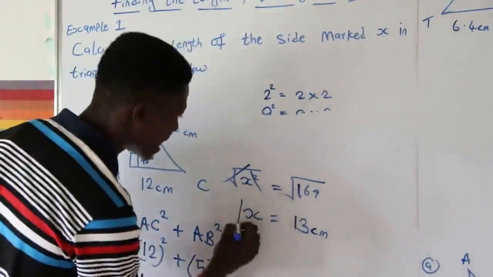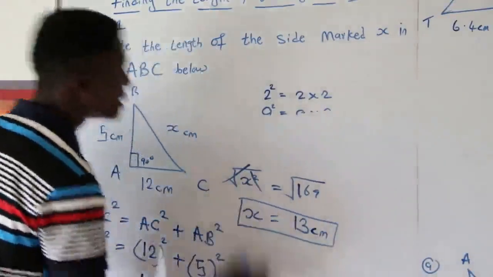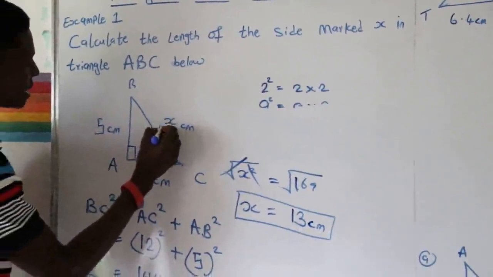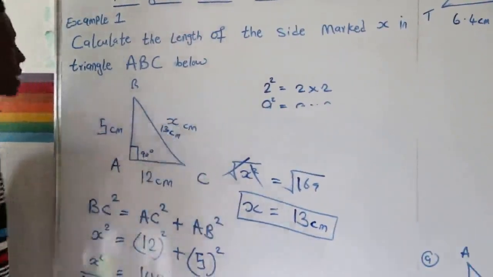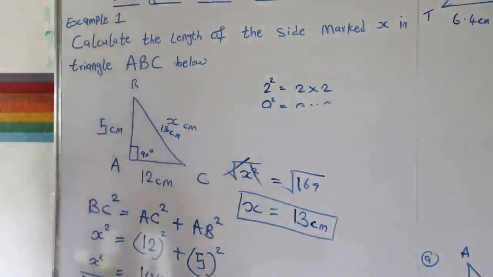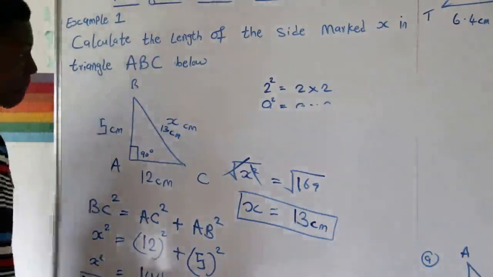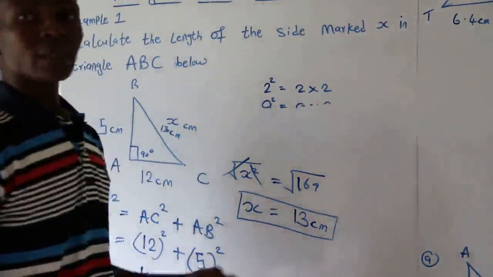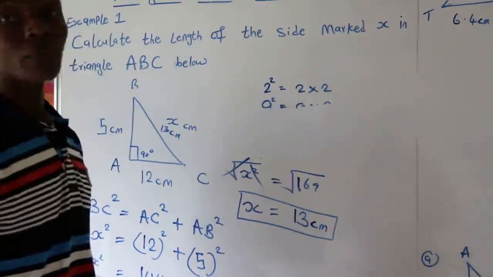So it means our x will be equal to 13 centimeter. You come to the x side and write your 13 centimeter. And that's the final answer of that particular example.